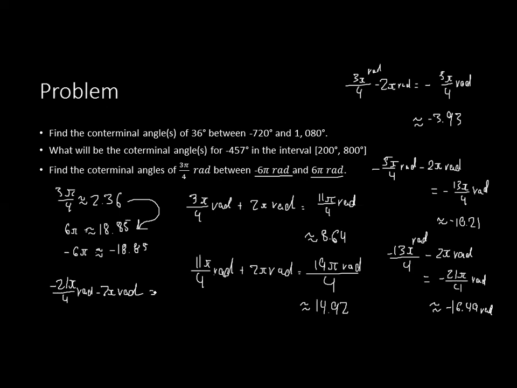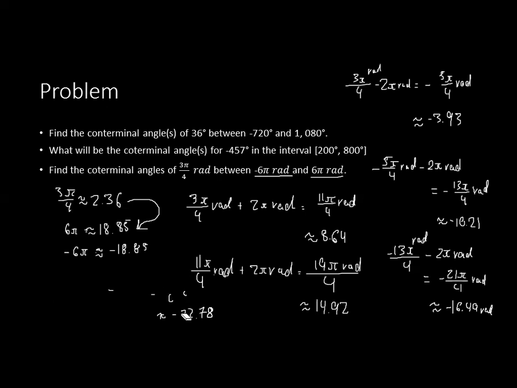So let's take a look. This is negative 29 pi all over 4 radians, which is approximately negative 22.78. So this is already beyond the range, so we will not include this.